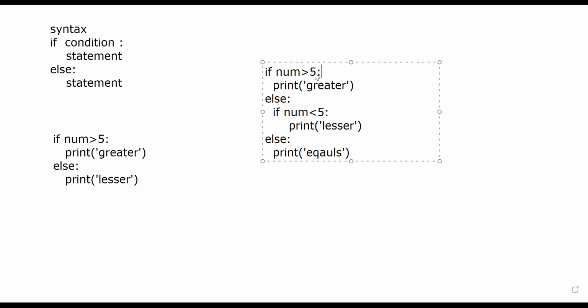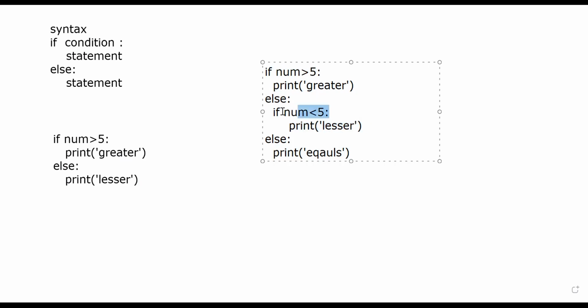In the first if statement, it's checking if the number is greater than 5. If it is greater, this statement is going to run, and the rest of the statements are not going to run. Let's suppose this statement is false, so it comes to the next if statement and checks if the number is less than 5, so it goes with this statement, lesser.